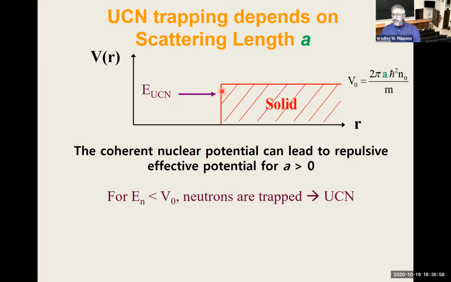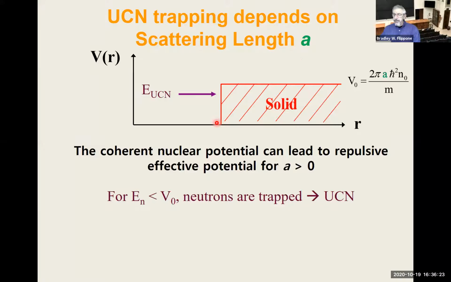The medium, the solid, acts like you're basically integrating over a lot of delta functions. And the scattering length for nuclei can be either positive or negative. The basic interaction is attractive, but an attractive short-range potential can have either positive or negative scattering lengths. If the scattering length is positive, when you integrate over all those delta functions, you get a step function.